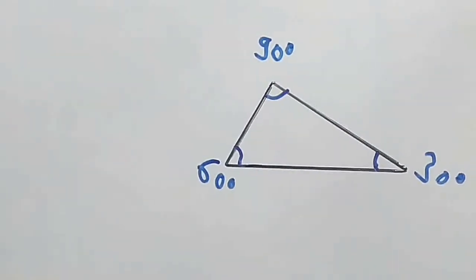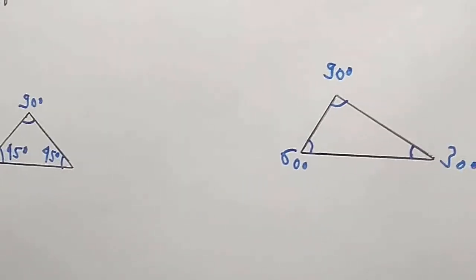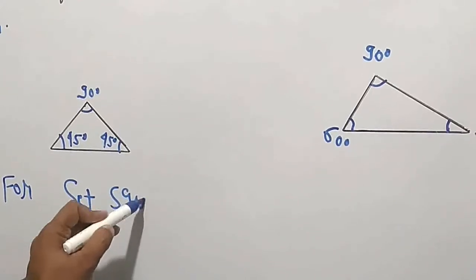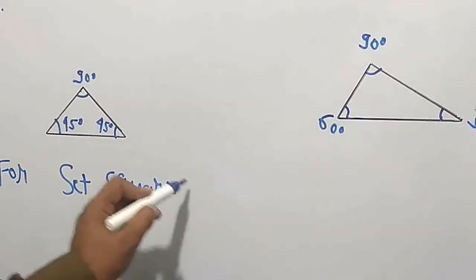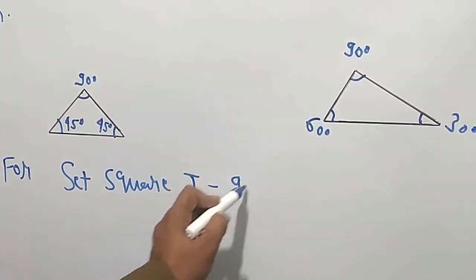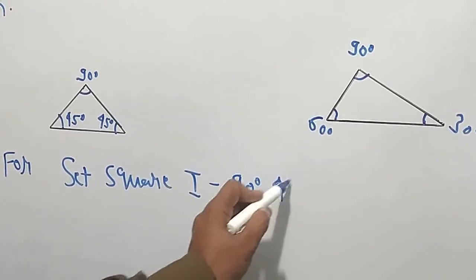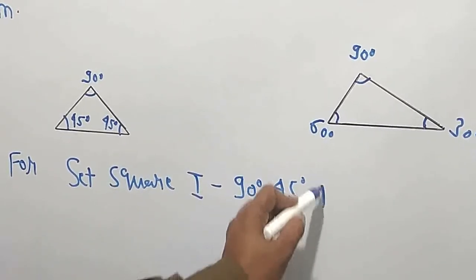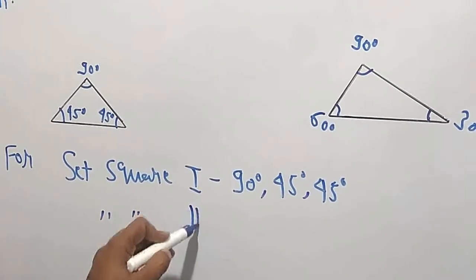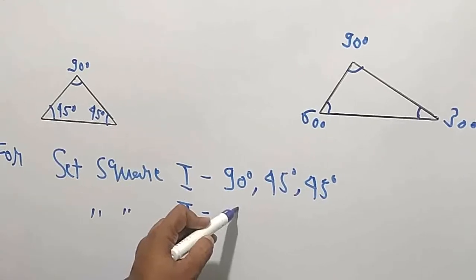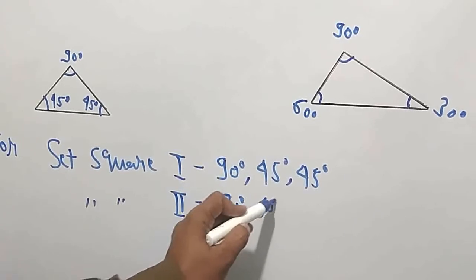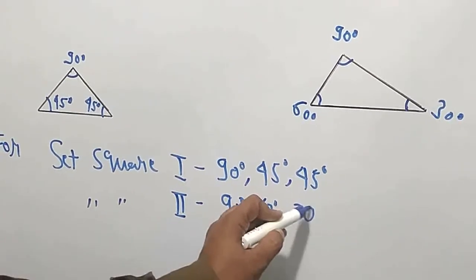So now we can write: for the first set square, the angles are 90 degrees, 45 degrees and 45 degrees, and for the second set square, it is 90 degrees, 60 degrees and 30 degrees.